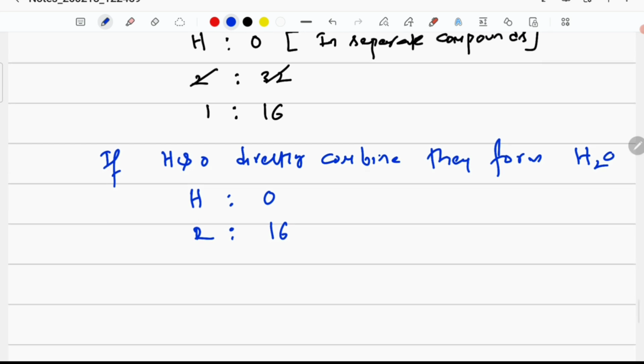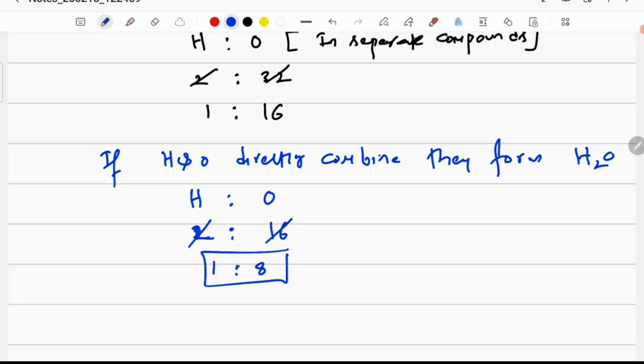What are we getting here? 2 is to 16. If you simplify, here we get 1 is to 8. Ratio is 1 is to 8.